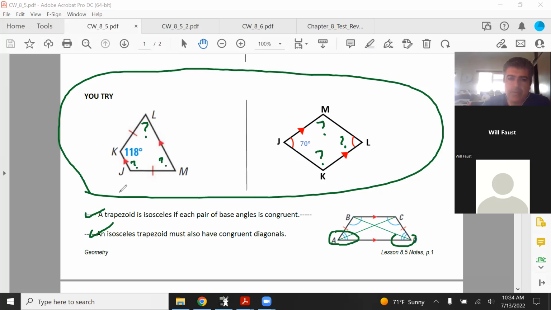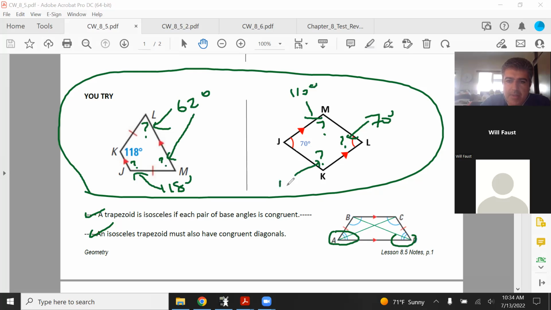Okay, hopefully you're getting this being 62 degrees. That's also 62 degrees, and this will be 118. This will be 70 degrees. That'll be 110. And it'll also be 110.